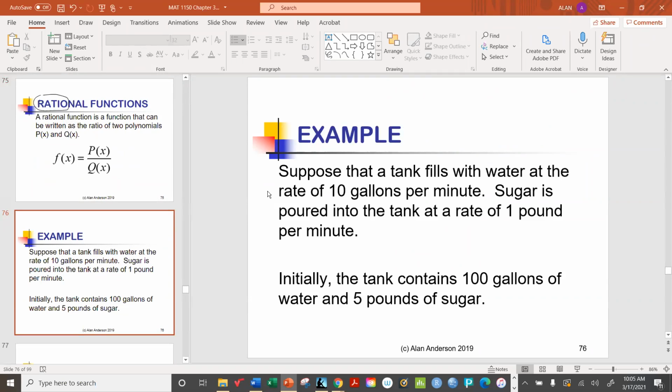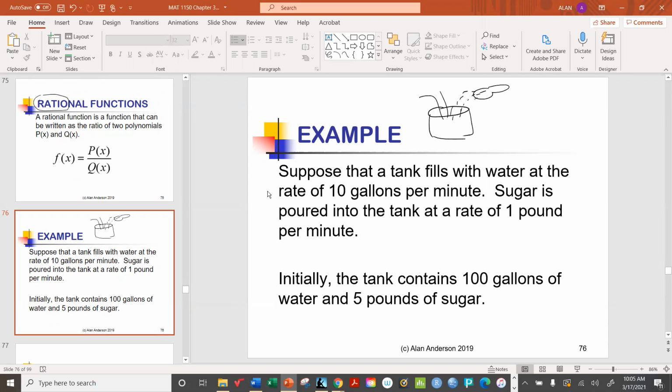For example, and you've seen these problems before, a tank fills with water at the rate of 10 gallons per minute. Now this sounds like a high school physics experiment, doesn't it? You've got water pouring in there, and then all of a sudden somebody decides to put sugar in there too. There's a spoon with sugar going in with the water.